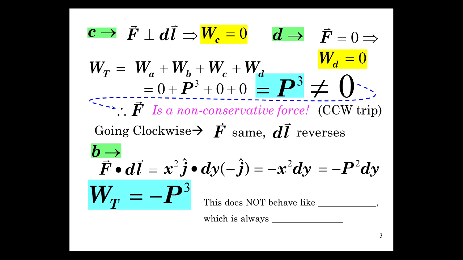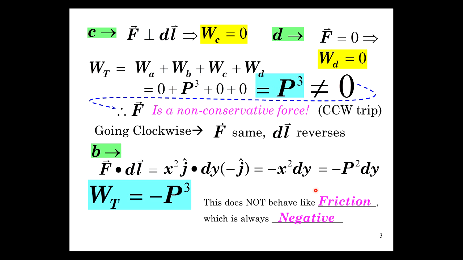So that's different than p cubed. It's negative p cubed. So it does not behave like friction in this way either, because friction is always negative, and this is not always negative. It's positive in one case, negative in the other. So it does, in a sense, behave like friction in the fact that as you traverse the path, you get a non-zero result.